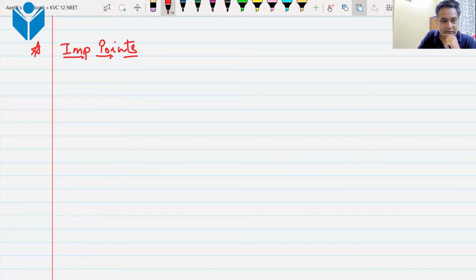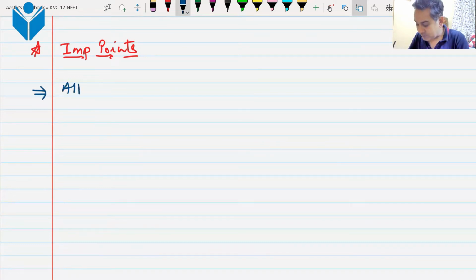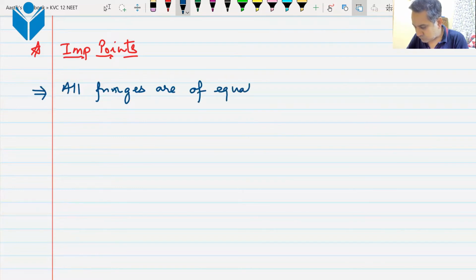The first point is number 1, all fringes are of equal width.